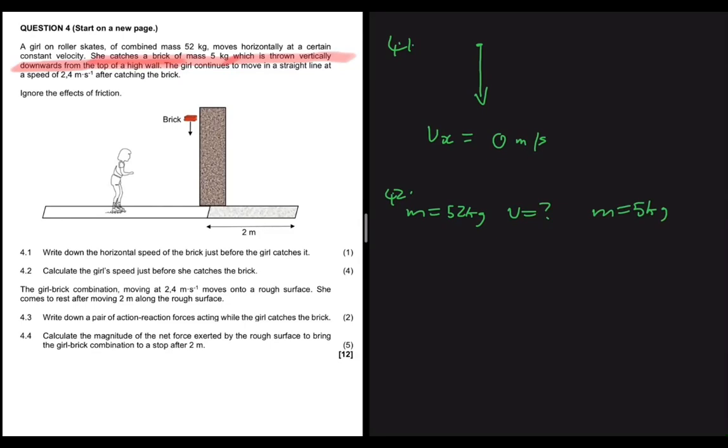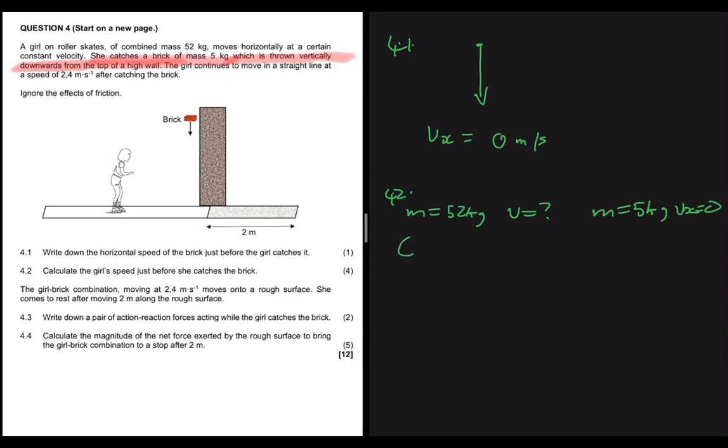It's been thrown vertically downwards, so it has a horizontal velocity of 0, like we've deduced in 4.1. And then the girl continues to move in a straight line at a speed of 2.4 meters per second after catching the brick.